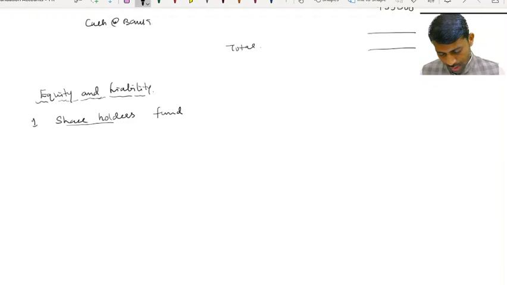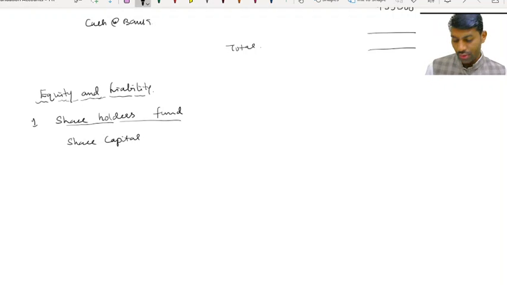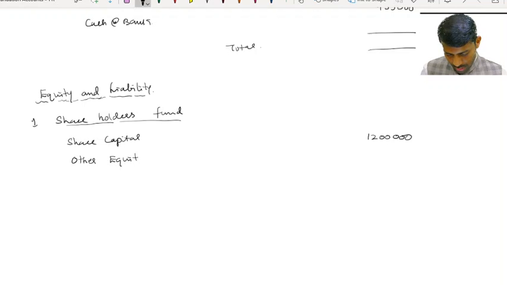Under shareholders fund, share capital. Since I have shown how the presentation has to be done, here no change. Therefore, share capital of holding company, 12 lakh, I'm taking as it is. Then other equity, note number 2.